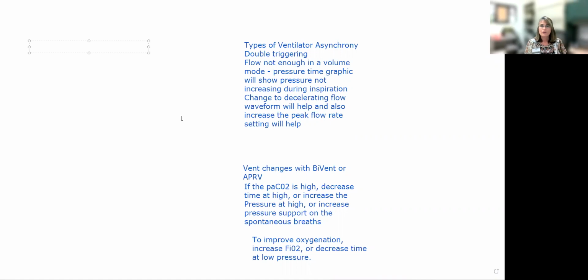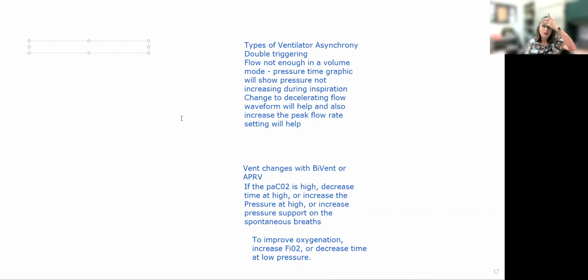So there's a trigger timeout, kind of like an apnea. If the patient's breathing spontaneously and then they stop breathing, I think it's between 7 and 12 seconds, then the ventilator will switch over to full support, but you don't hear an alarm. It just switches back and forth all the time. There's no alarm.